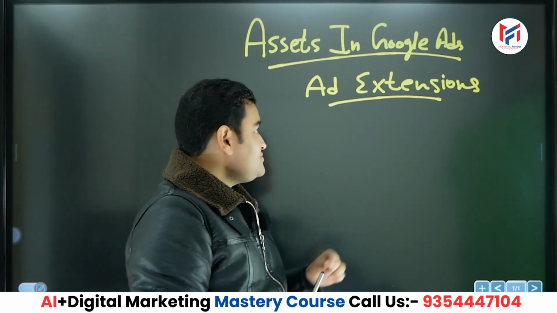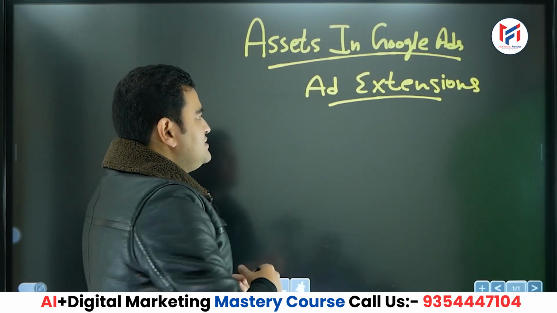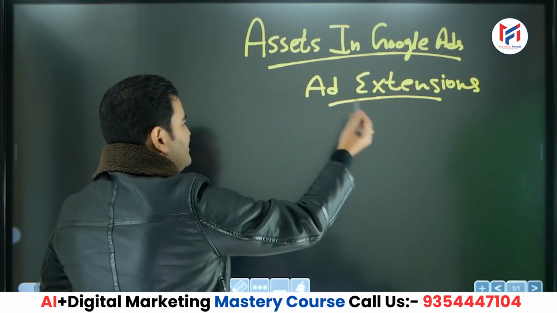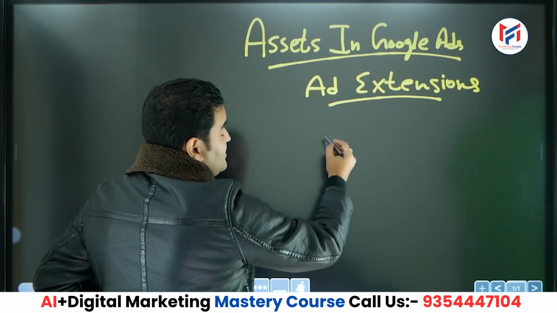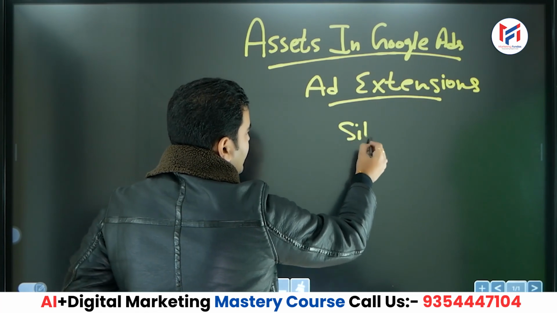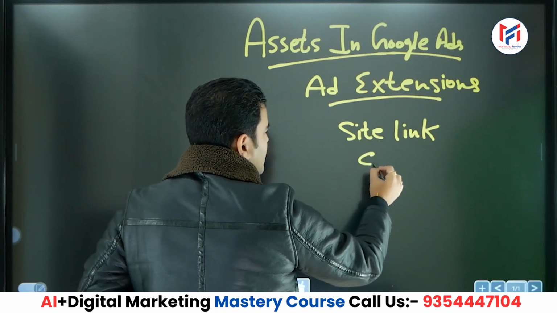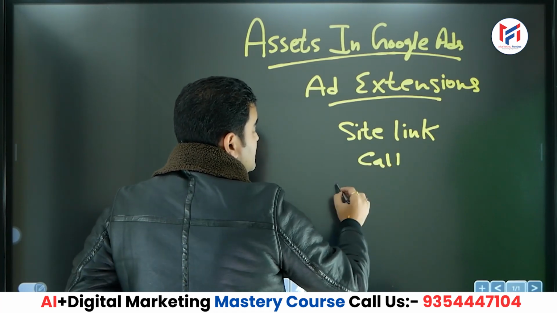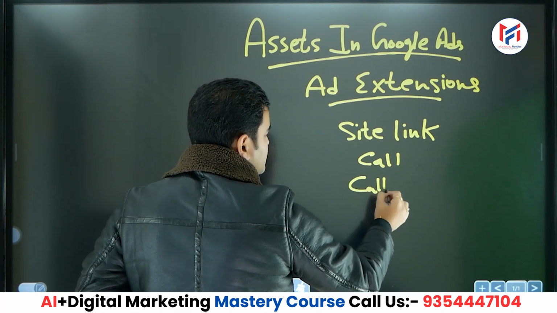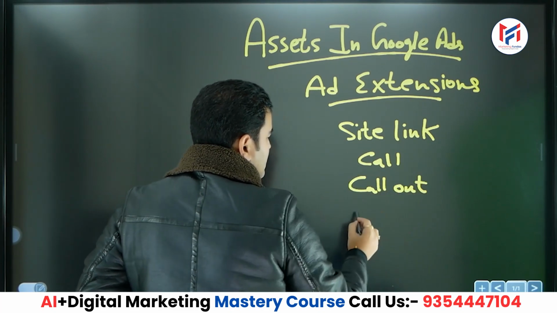So then, there are various types of ad extensions, the assets. Like the sitelink, call, then the next option we are getting here is callout.